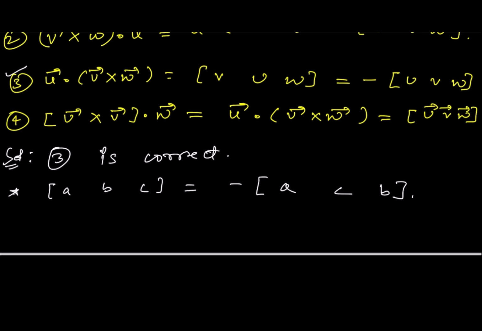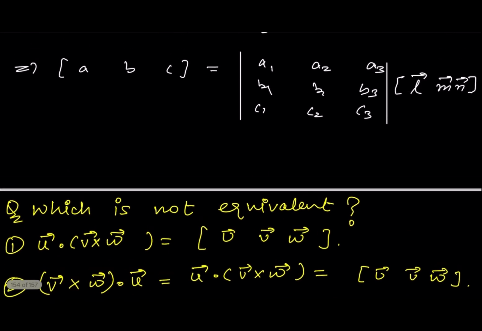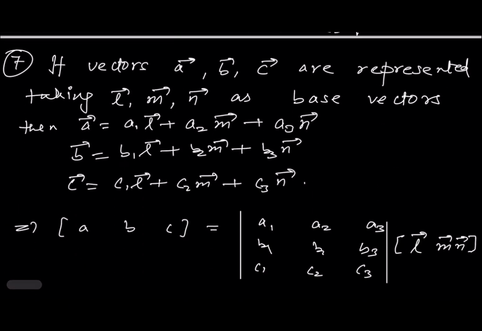And in a determinant, if two rows are interchanged, a minus sign comes outside. Okay, so you should keep this thing in mind.